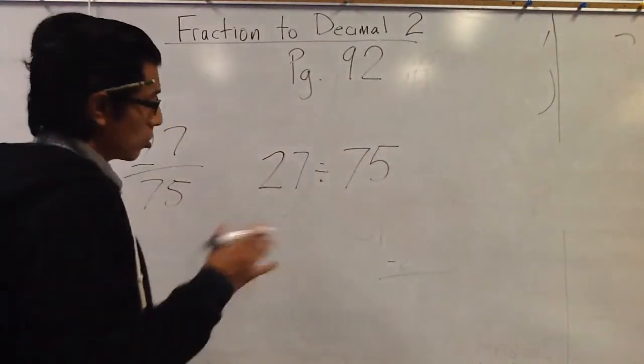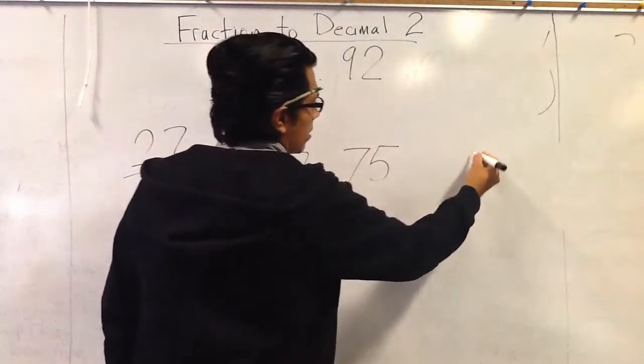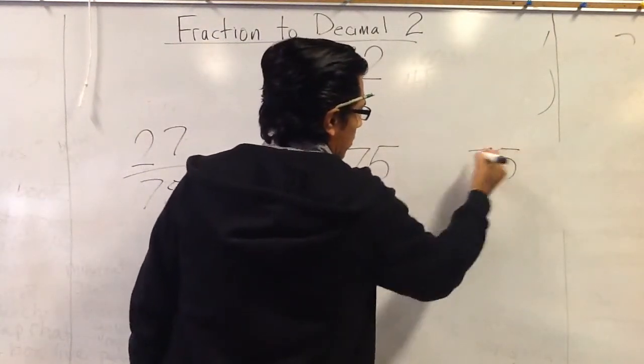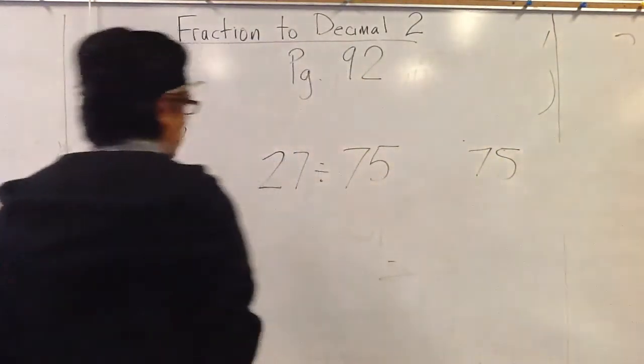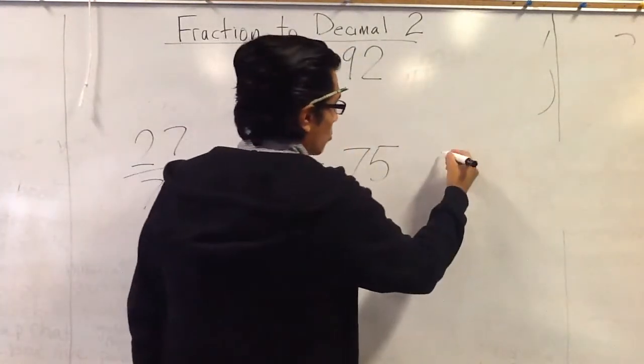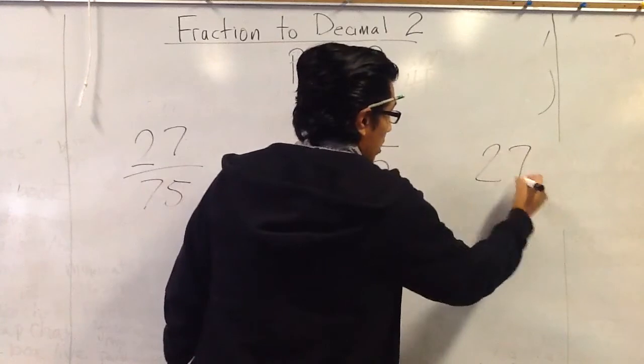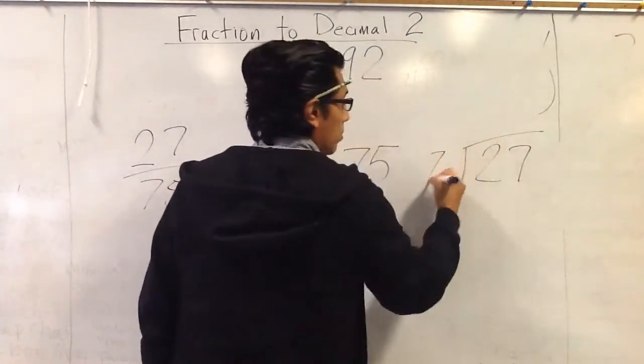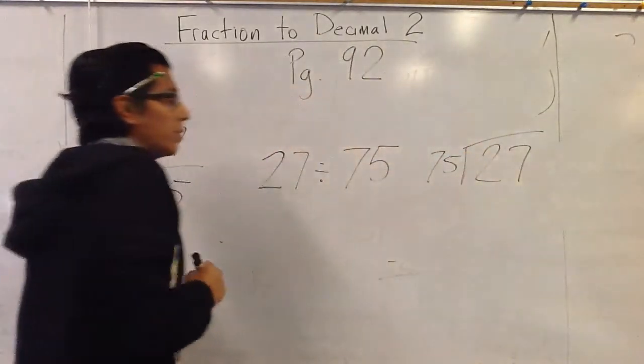Well, let's make sure, let's translate that. That is the same as 75, almost messed up. Even I get confused. 27 divided by 75.